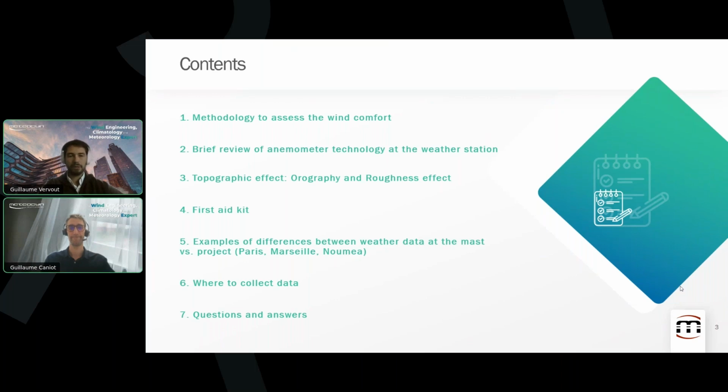Guillaume, after this, will present the first aid kit, and it will be followed by some examples of differences between the weather data, between the mast and the project. Before going to a Q&A session, we will also present where to collect some data for your first implementation into your simulation.